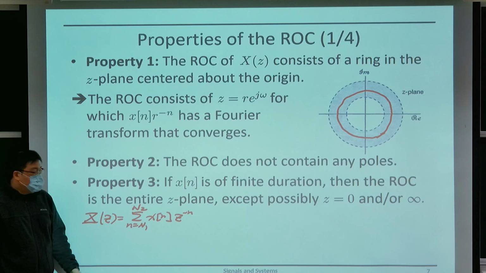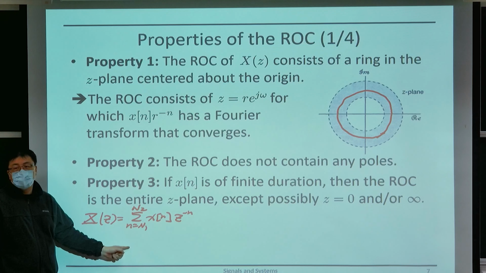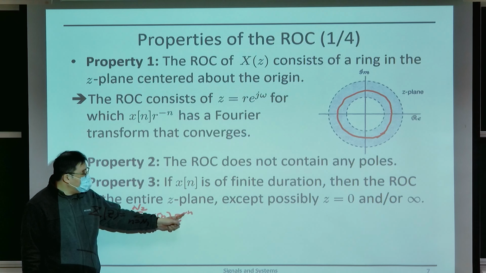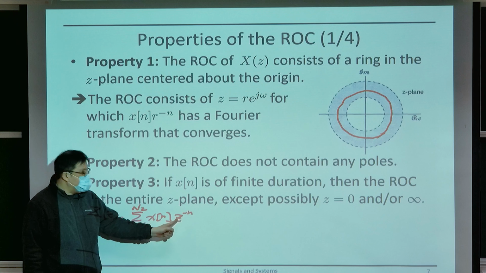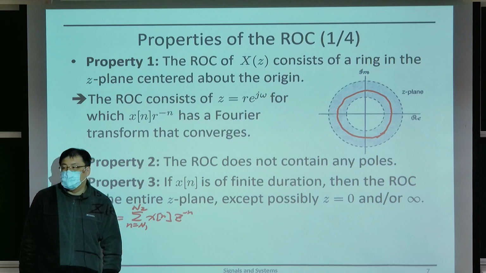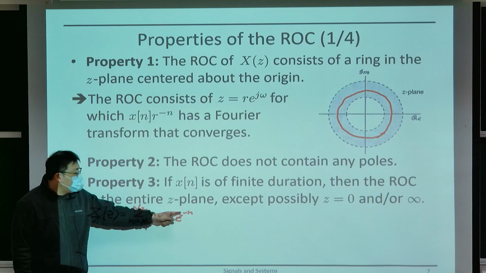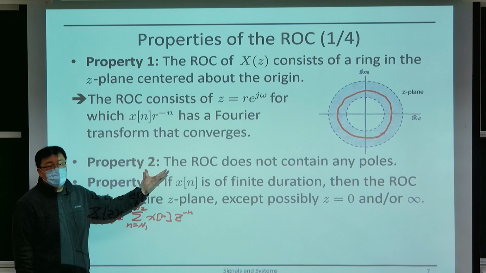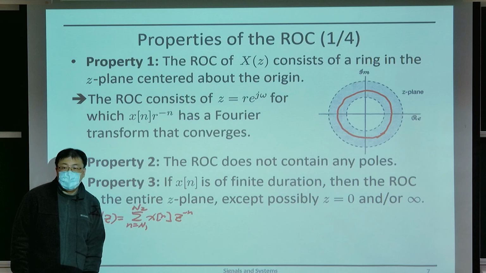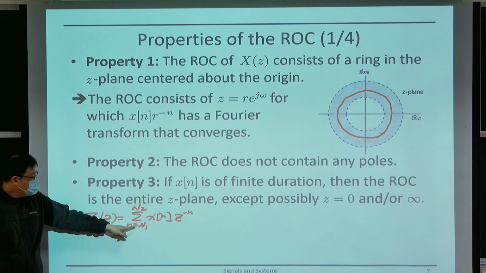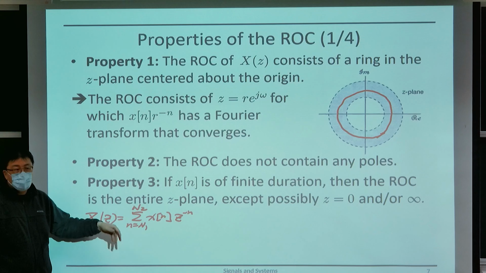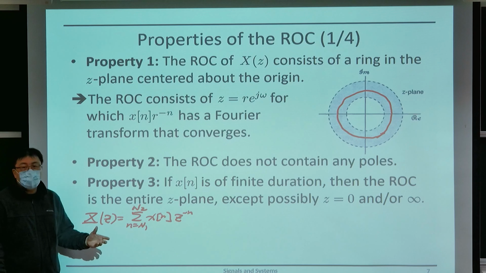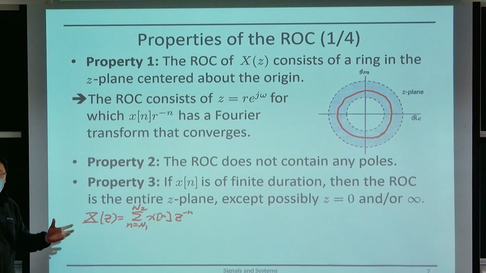Now, similarly, if you have n1 less than 0, then you have z to the minus of some negative value, so basically z to a positive power. For z to the positive power, if you plug infinity inside, it will be infinity. So if n1 is less than 0, you have a pole at infinity, meaning that it does not converge at infinity.